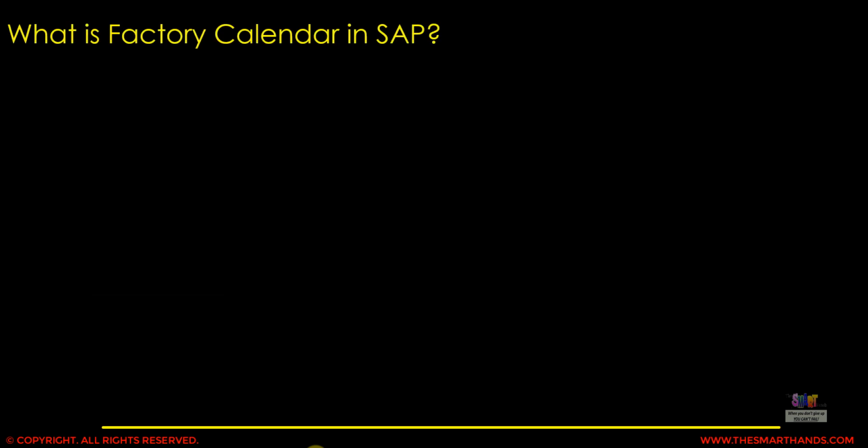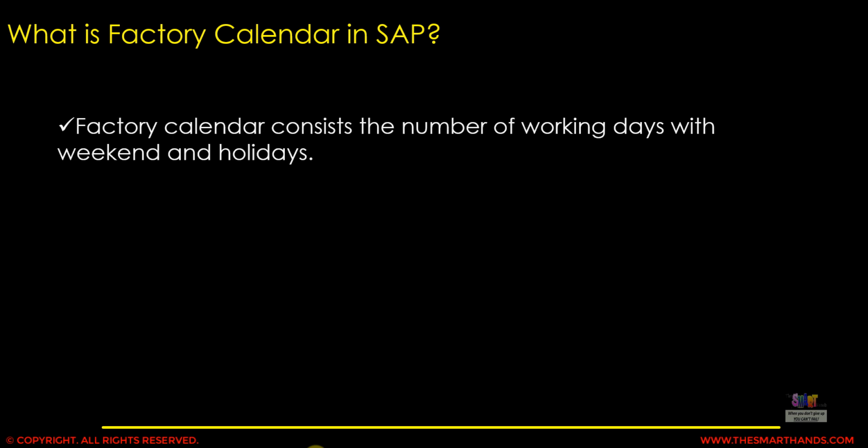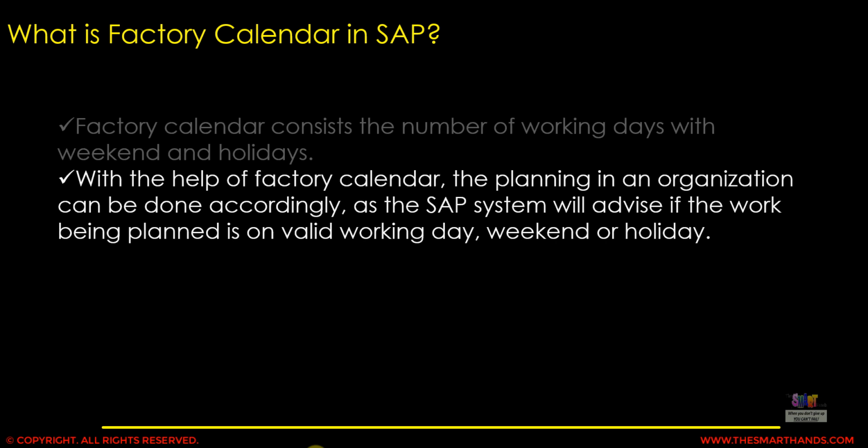So first, let us look at what a factory calendar is. A factory calendar consists of the number of working days, with weekends and the holidays. With the help of the factory calendar, the planning of an organization can be done accordingly, as the SAP system will advise if the work being planned falls on a valid working day, weekend or holiday. So in simple words, we need to tell the system what the working days and what the holidays are.